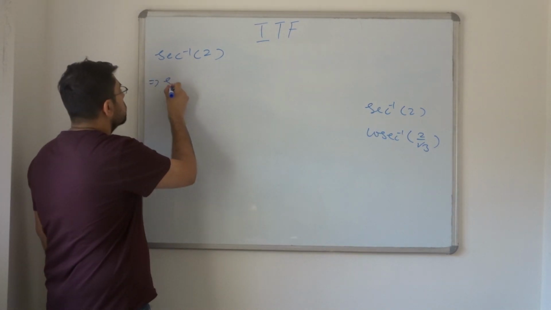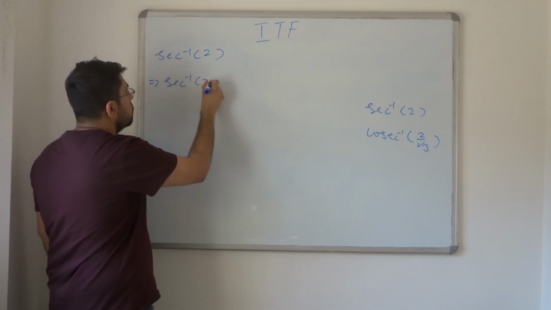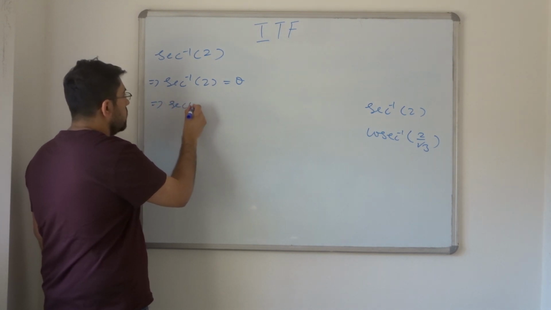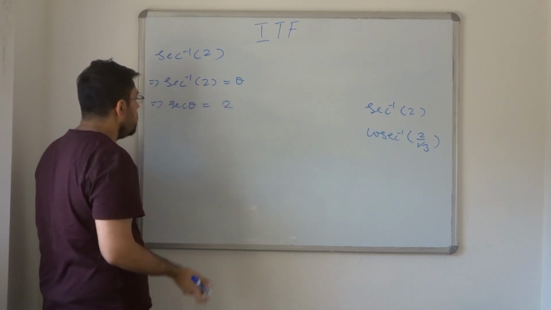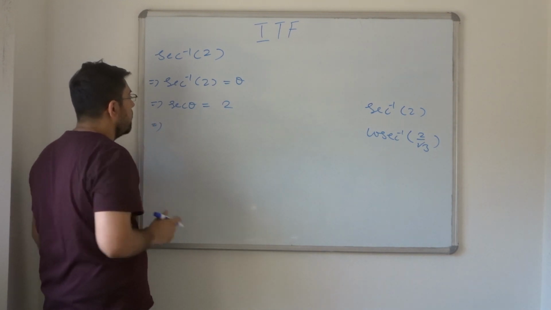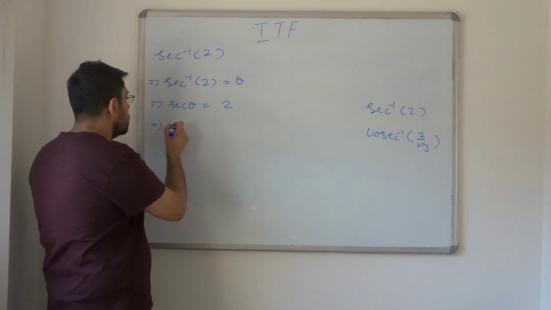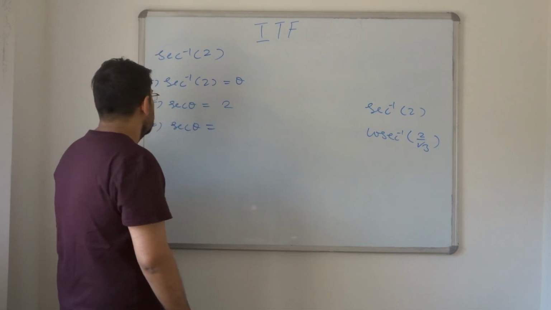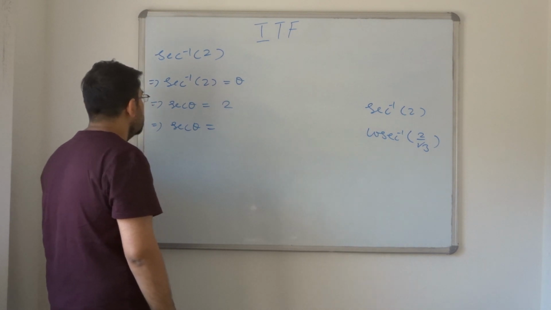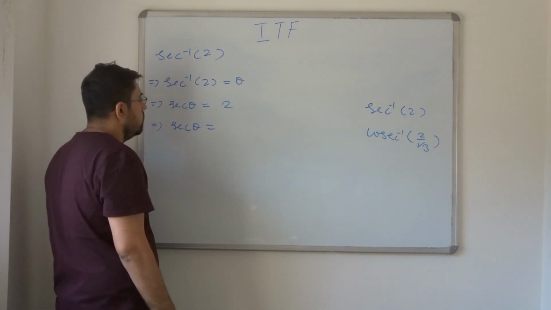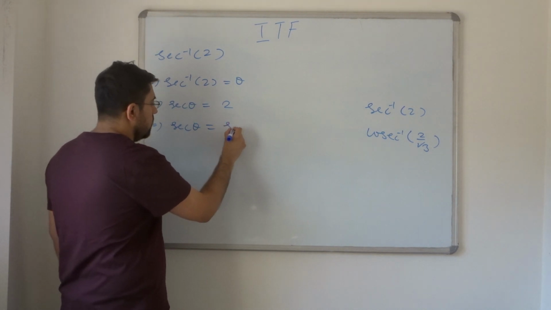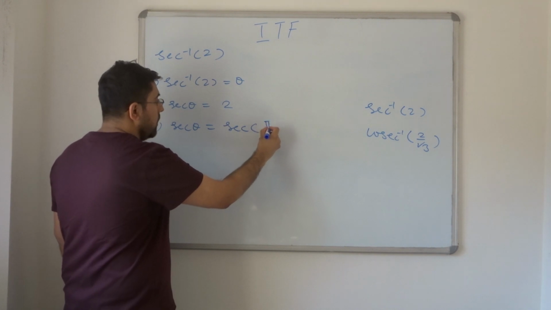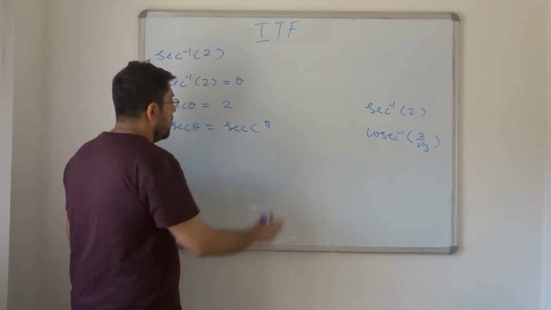Okay. So this is the first step, guys. Sec theta equals 2. Okay, and then what do you have? Okay, guys, you have sec theta. So guys, we don't have to worry about anything. So here, guys, you have sec pi by 3.